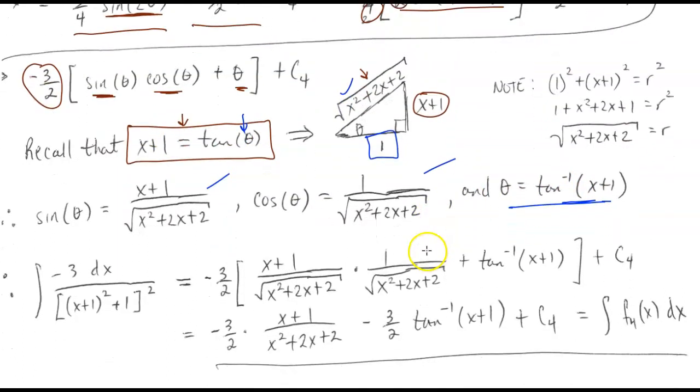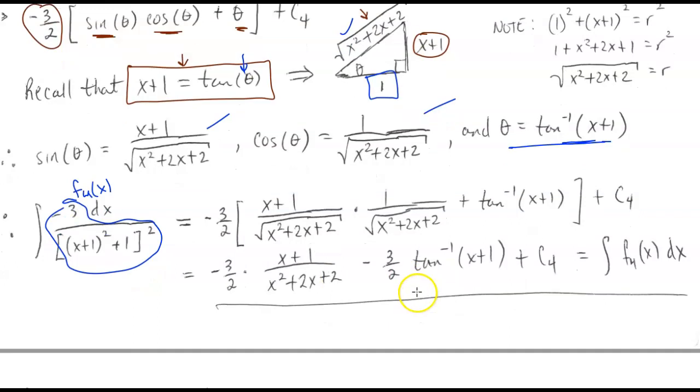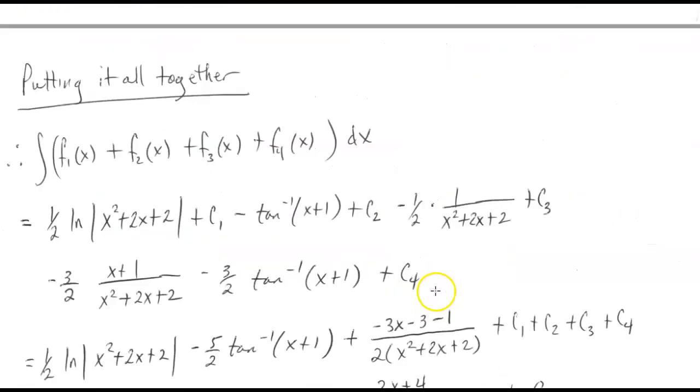So now, all this is for this f of x for this particular integrand. All of that ends up being these 2 terms here. Okay, so we had to really work for that last one. Once we have that, we just put everything together.